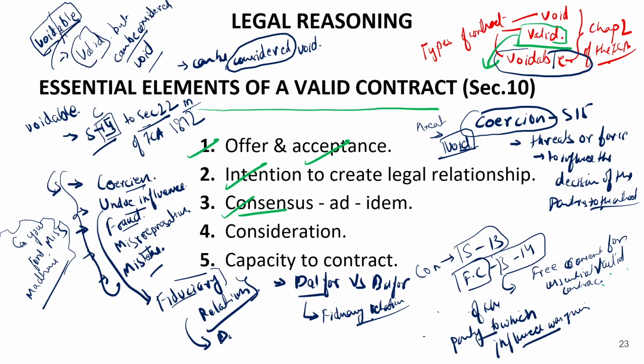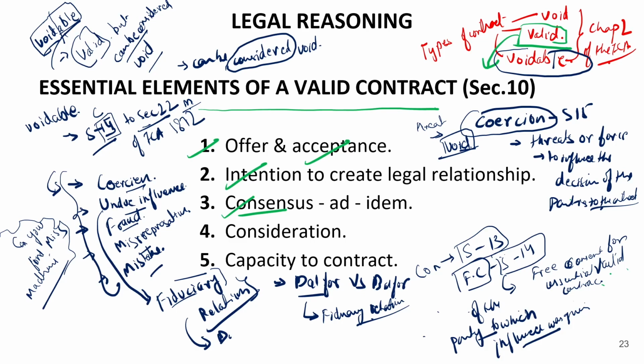For example, if there has to be an agreement between a mother and a daughter, then the mother, because of being the mother of the other party, has much more privilege, and she can obviously influence the mind of the other party.